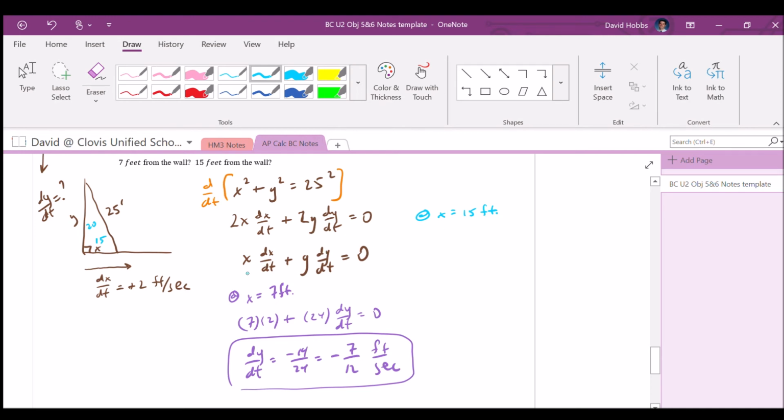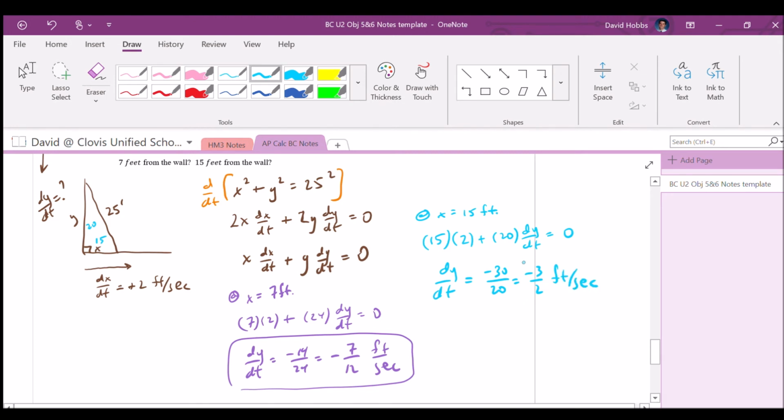It's still the same formula, x dx/dt plus y dy/dt equals 0. So 15 times dx/dt, which is still 2 feet per second, plus y, which is 20 now, times dy/dt equals 0. So dy/dt is negative 30 over 20, which is negative 3/2 feet per second.